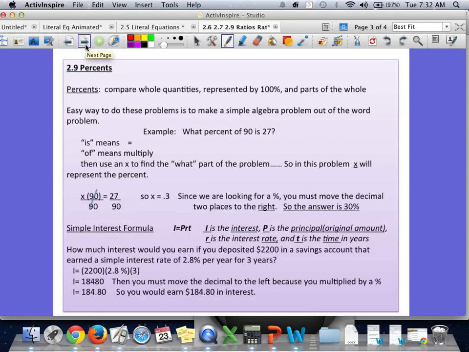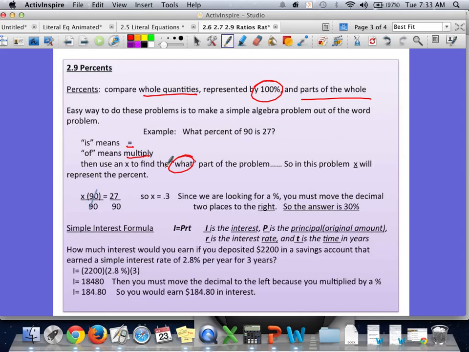And then percents are really interesting. I like those because they're nice, easy word problems. Percents compare whole quantities represented by 100% and parts of that whole percent. Easy way to do these problems is to make it into an algebra problem. Okay? Remember, the word is means equals, of means multiply, and then use an x for the variable.